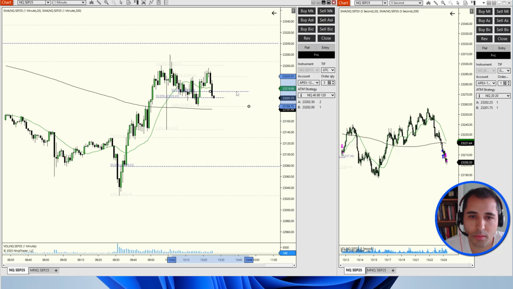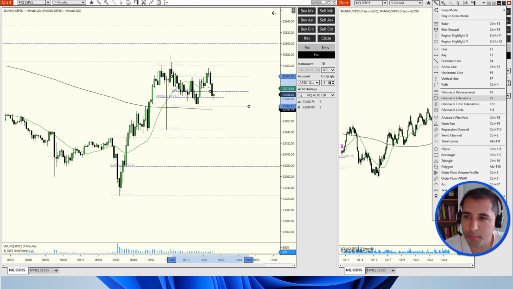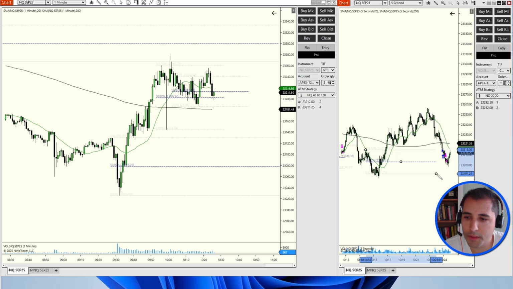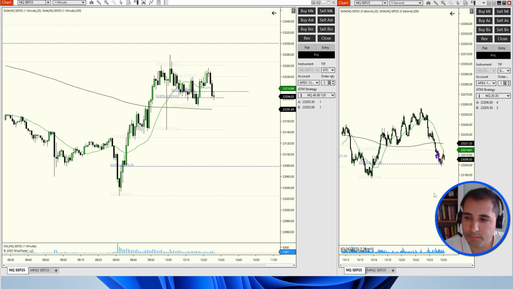Not what I was looking for. So that's the one trade loss of the day. Should have picked a lower point like this. Probably needed to be a bit more clinical. Oh well, damn it.